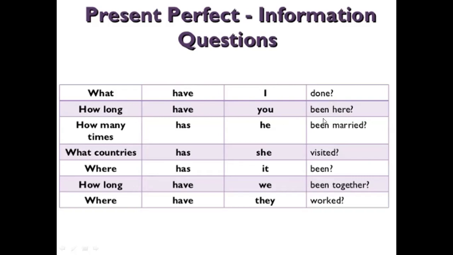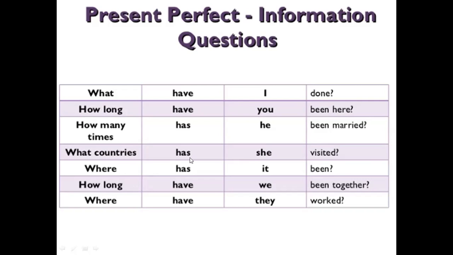How long have you been here? How long is the WH, and then have, and then you is the subject, and then been, past participle. How many times has he been married? So WH, has, because the subject is he, so we have to use the verb has, and then been married, the past participle.